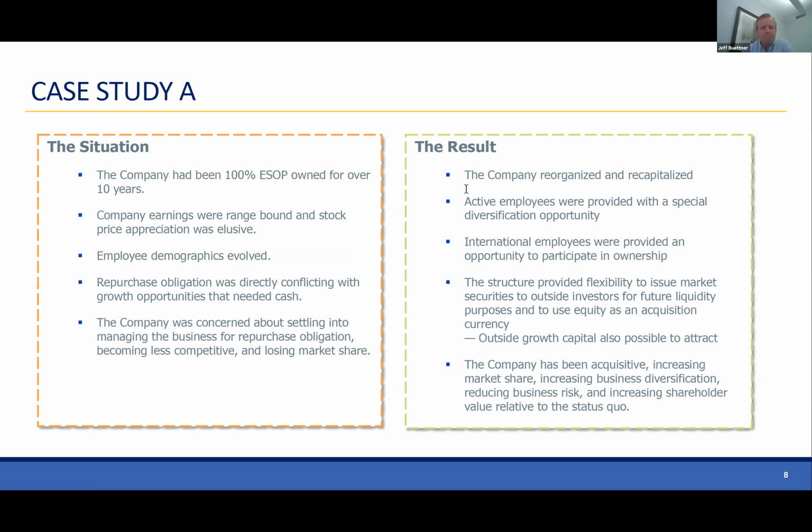And as a result, their overriding theme of concern at the leadership level and at the board level was ultimately that they felt like they were setting the organization into a period where it was not just stagnating, but ultimately was going to be less competitive. They'd lose market share.